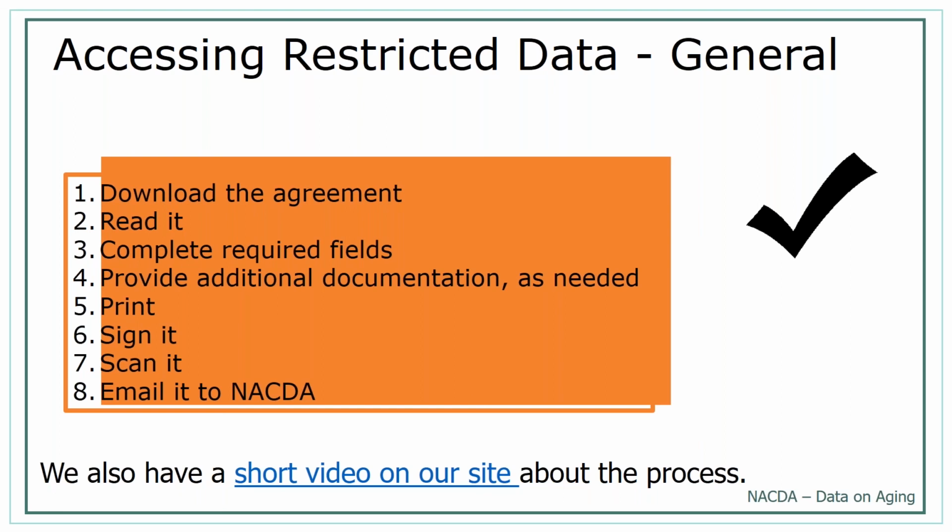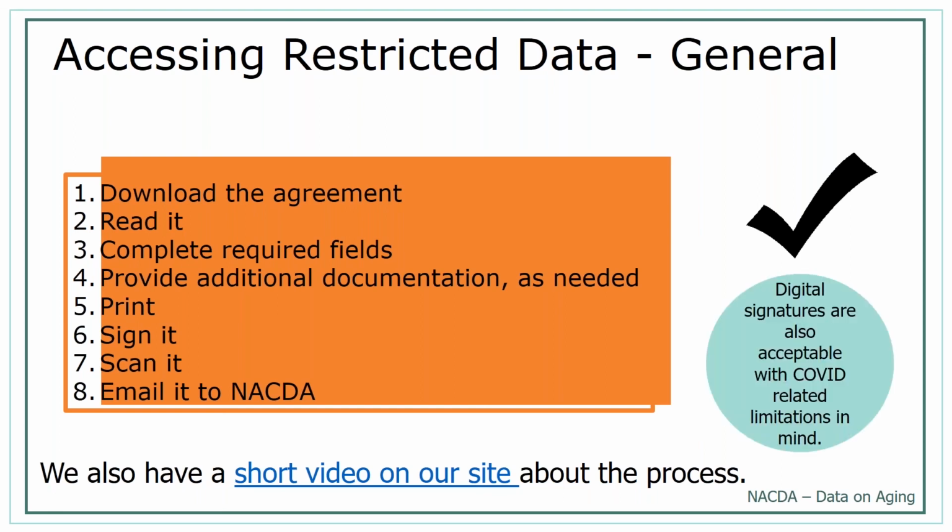We do prefer original signatures, but then we take digital versions, so you would email them to us. We do accept some digital signatures. We understand that with COVID-related limitations, it's just not practical for everybody to print and scan things. We have a short video on our site about this process, managing expectations as far as when you could expect to receive the data.